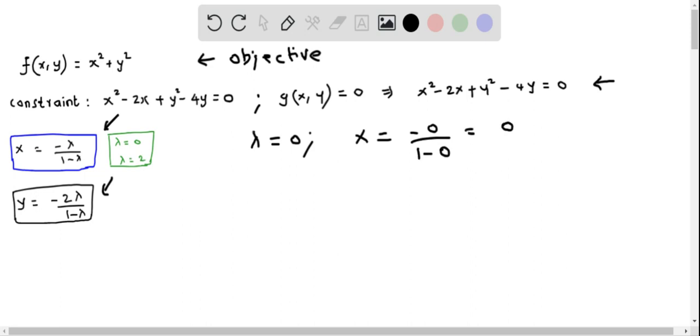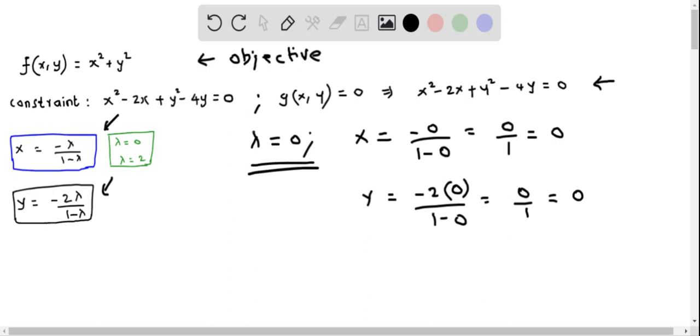So 0 by 1 is 0. So we get x equal to 0, and similarly y is equal to negative 2 times 0 divided by 1 minus 0. Negative 2 times 0 is 0 over 1 is 0. So therefore when lambda equals 0, the point x comma y is 0 comma 0.